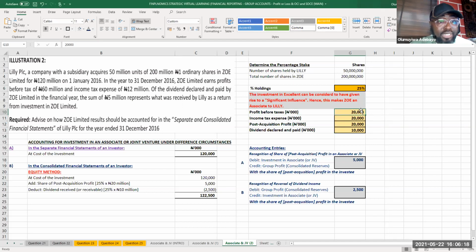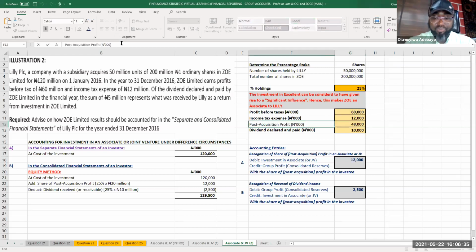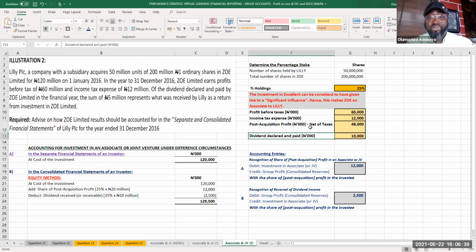And how much is that? I have 60 million and I have 12 million as income tax. Therefore, it means my post-acquisition profit will be net of tax. Net of taxes. Take notes.